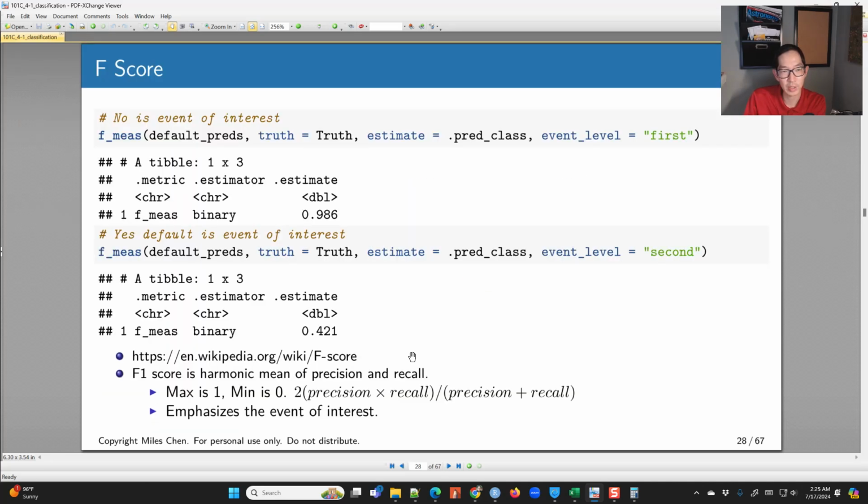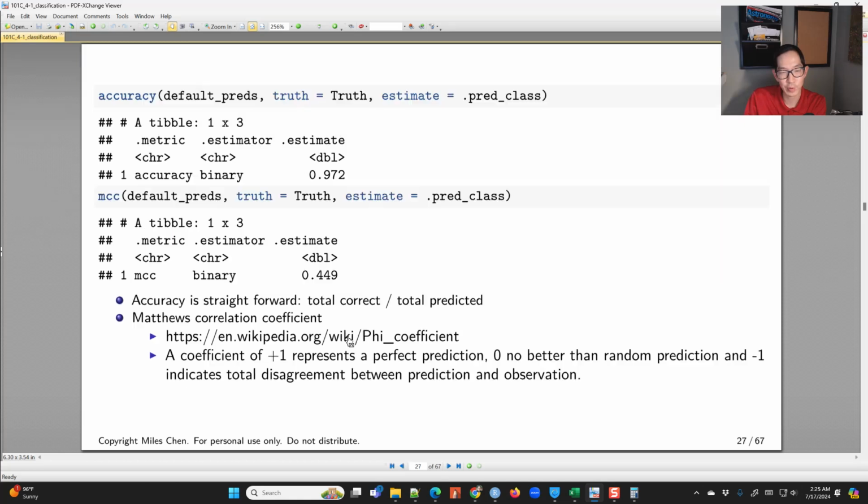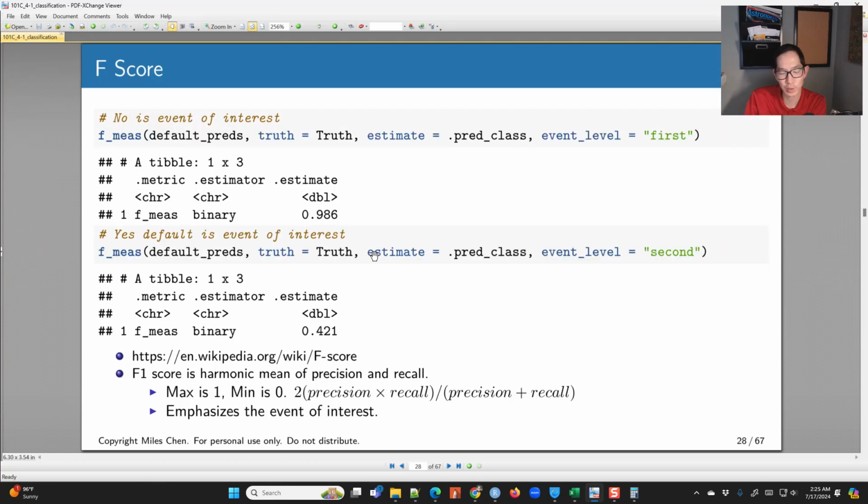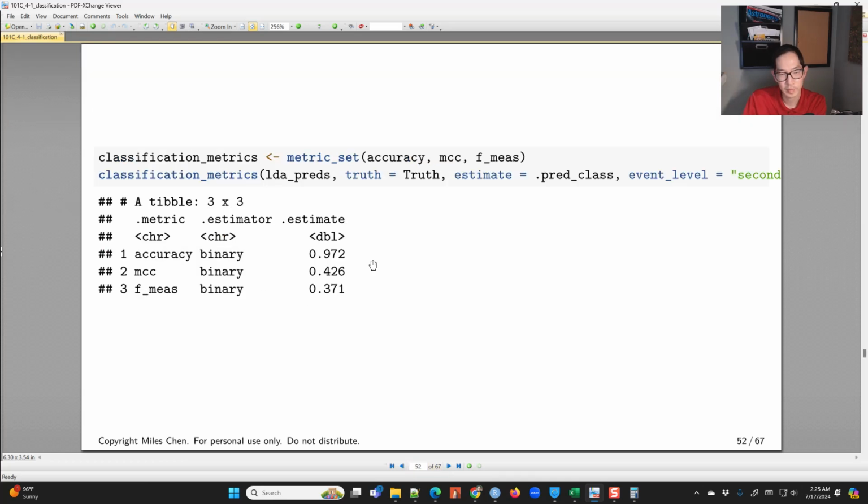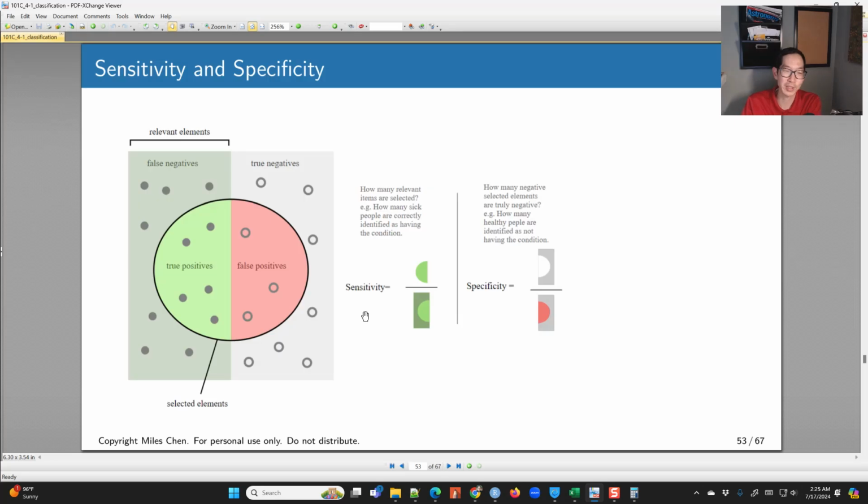With logistic regression, my F measure was 0.421, my MCC was 0.449, and my accuracy was 0.972. I can't remember, 0.449 and 0.421. So my F measure actually went down, and my MCC went down also. So linear discriminant analysis, I would say, doesn't perform as well as logistic regression.